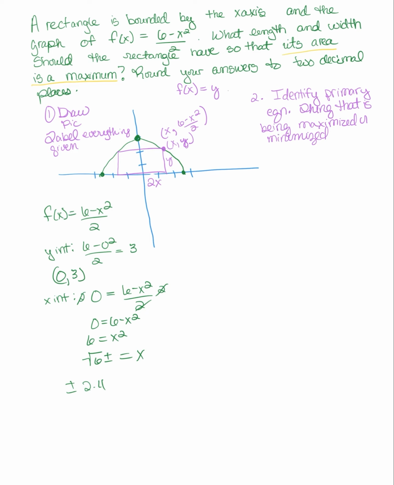And we see that we're asked to find a maximum area. So we know it's going to be area. Well, the formula for the area of a rectangle is length times width. But we see here that the length is represented by 2x and our width is represented by y. So let's go ahead and plug that in. So we have 2x, y.